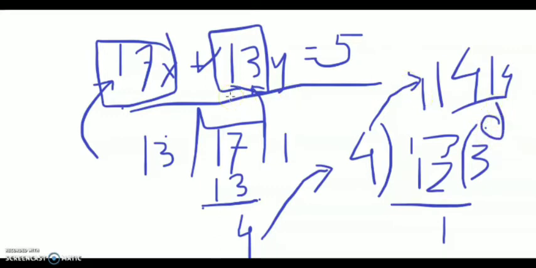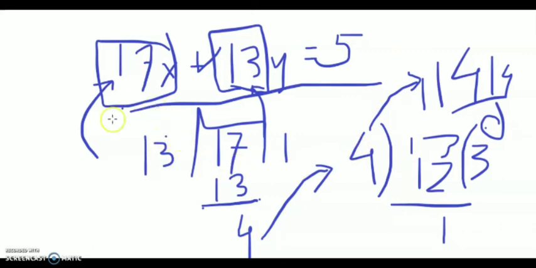At first we compare the coefficients of X and Y, and the greater coefficient will be the dividend and the smaller coefficient will be the divisor. After completing the division, we get a quotient and a remainder. In the next step, we make the divisor the dividend and the remainder the divisor.